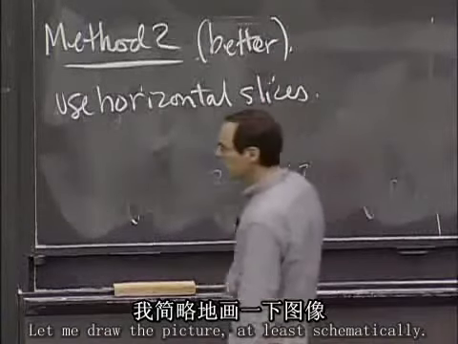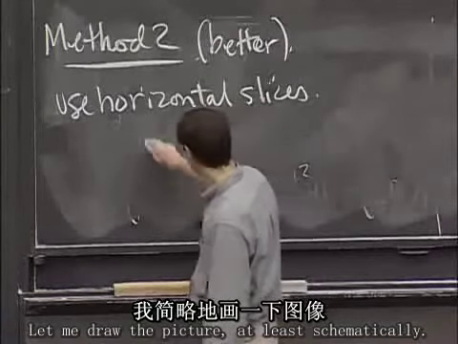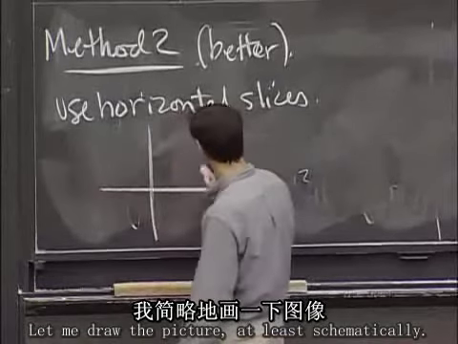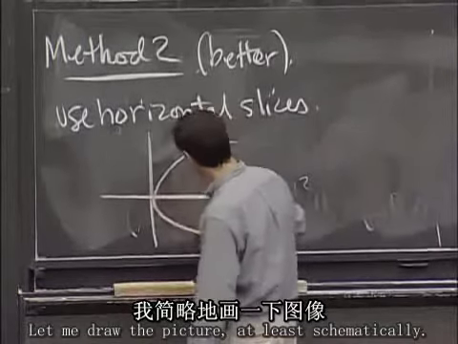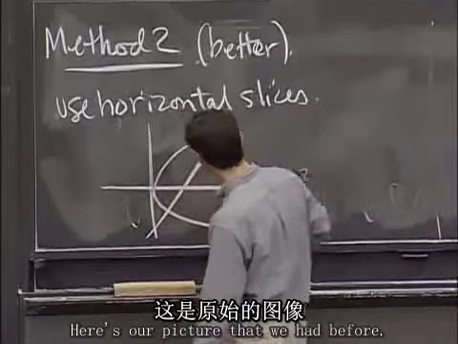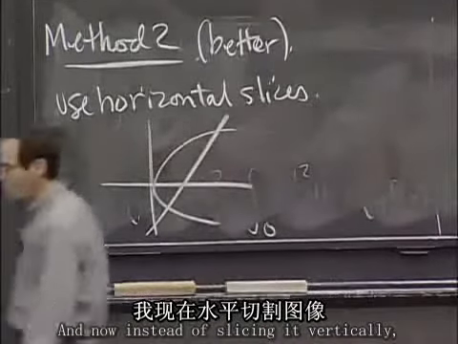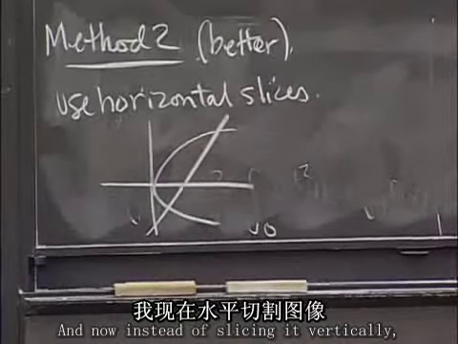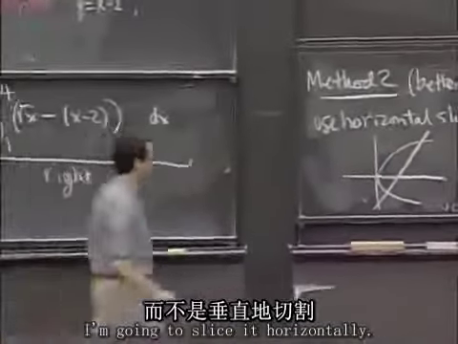Let me draw the picture. At least schematically, here's our picture that we had before. And now, instead of slicing it vertically, I'm going to slice it horizontally, like this.